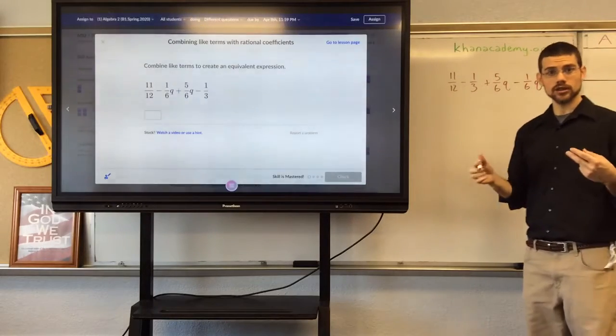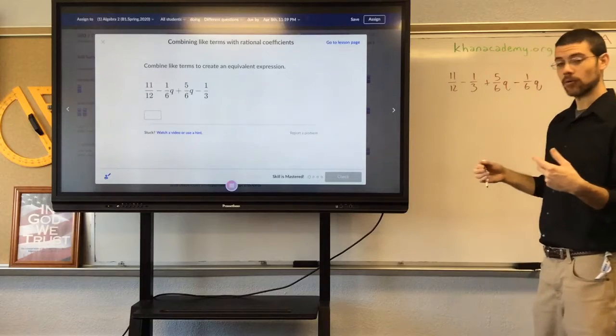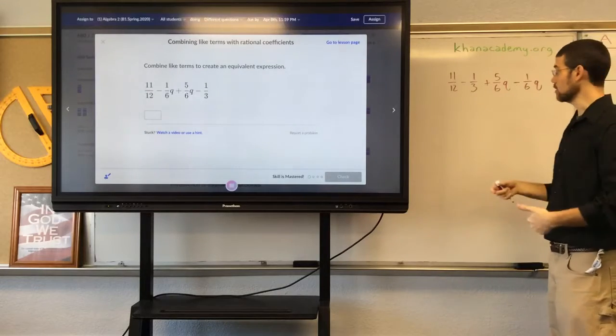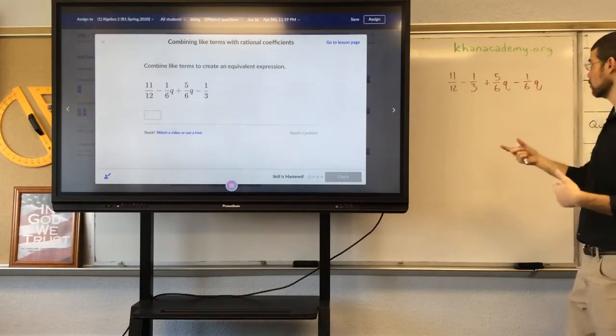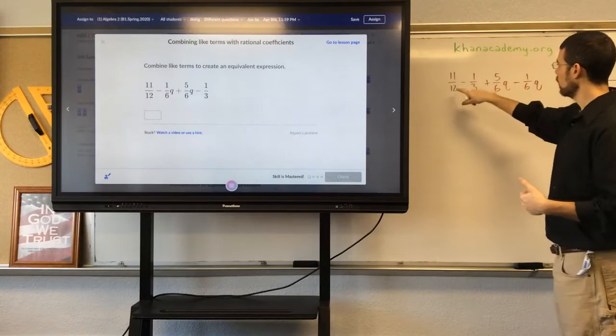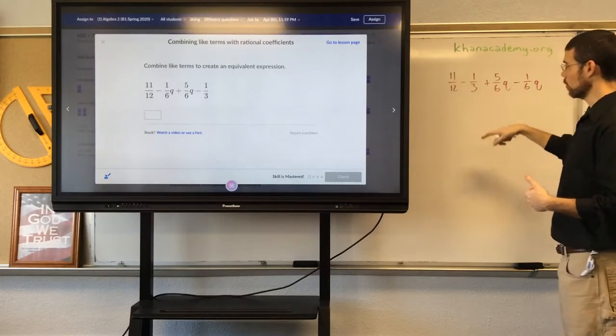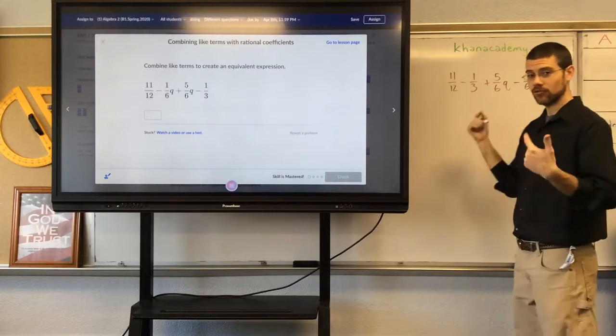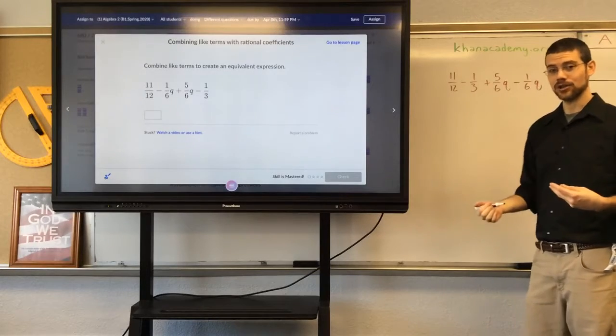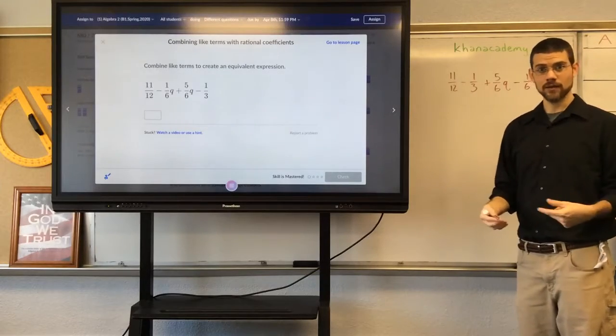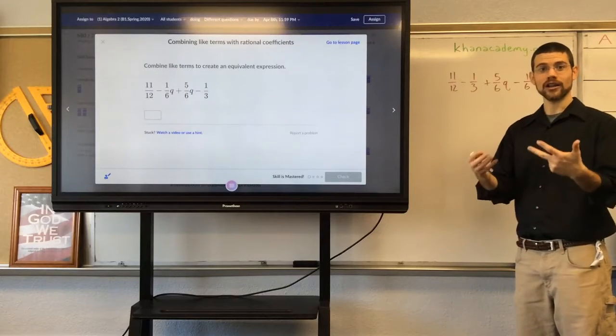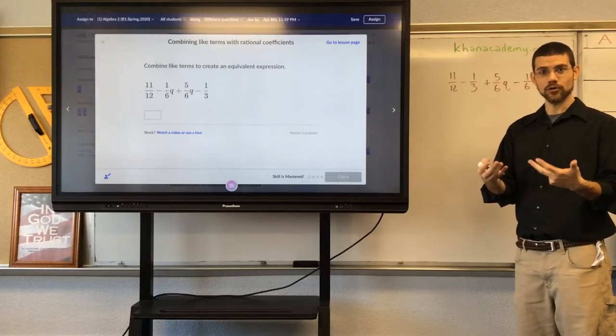All right, so using the commutative property of addition, we can rearrange this so that our like terms are next to each other. We've got 11 twelfths minus 1/3. We need to have a common denominator before we can subtract. Subtraction requires that you have the same kind of thing, and the denominator tells you what kind of a part you have.